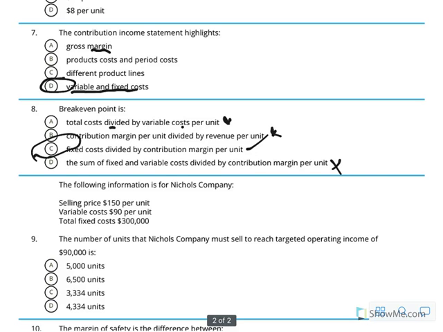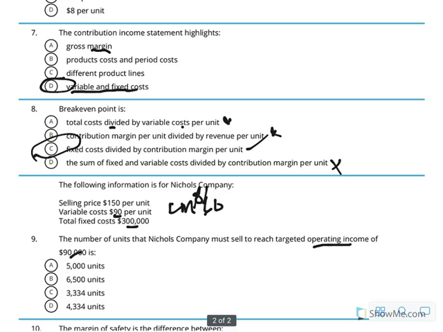The following information for Nichols Company. Selling price, $150 per unit. Variable cost, $90, so the contribution margin then is $60. Sales, $150 minus $90. Fixed cost of $300. Okay, what do you want to know? The number of units that must sell to reach a target operating income of 90.